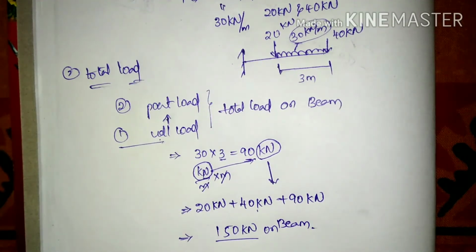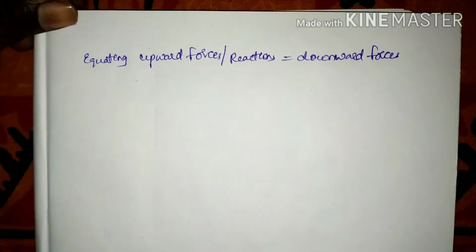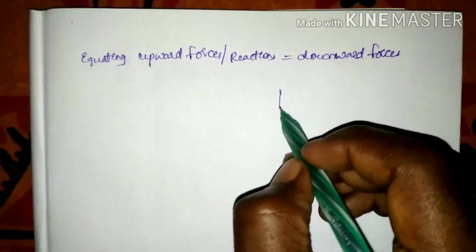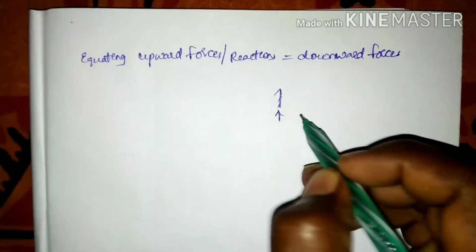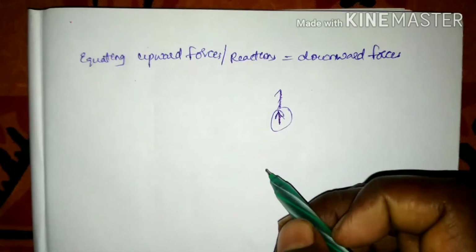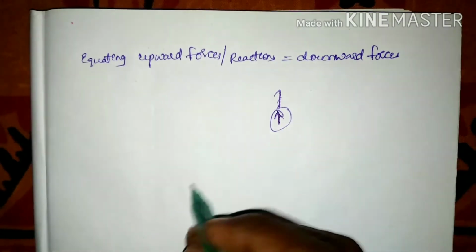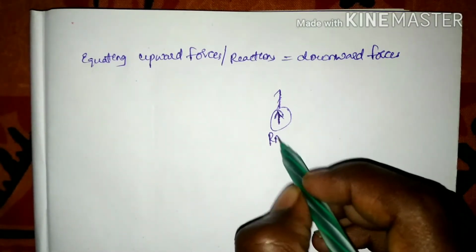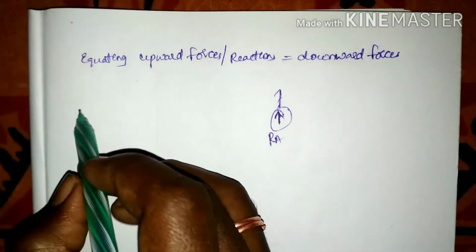Next, our third step, equating upward reaction is equal to downward forces. In the cantilever beam, at the fixed end, we are going to have only one reaction, that is in the upward direction, so we take the reaction as RA.